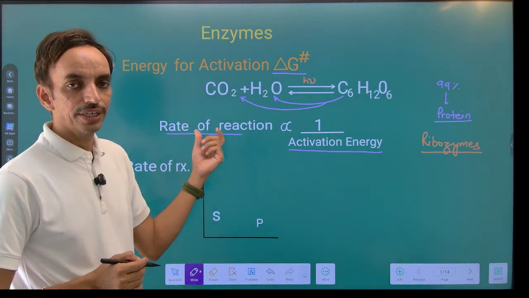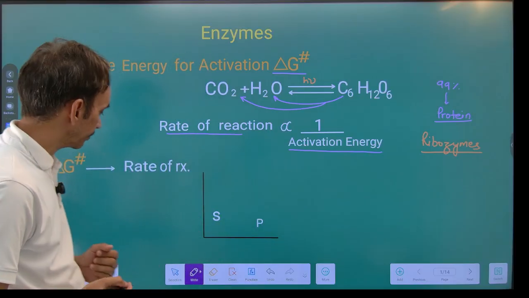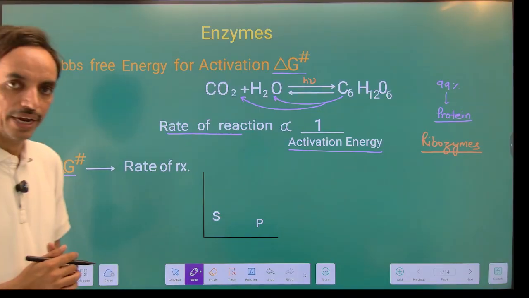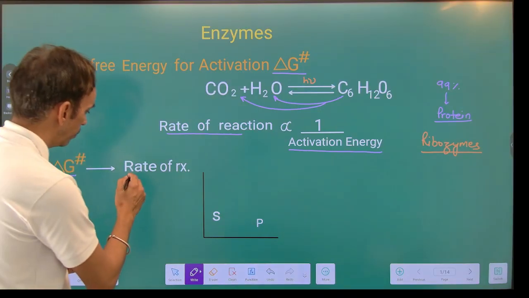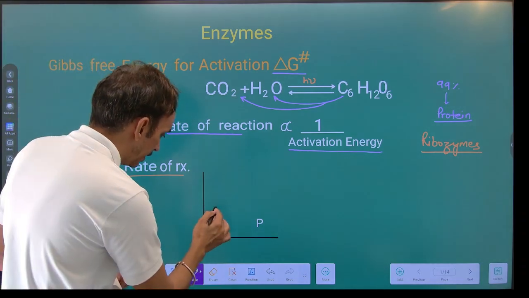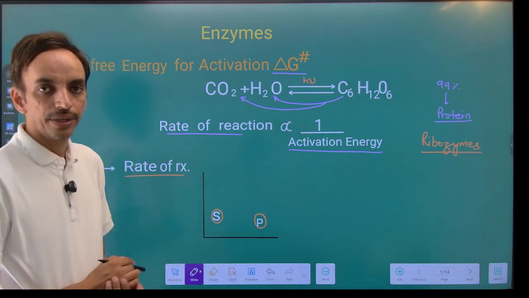So the rate of reaction is inversely proportional to the activation energy. Now this activation energy gives the free energy for activation. It tells us about the rate of reaction. But whether the reaction will occur or not depends upon the concentration of product and substrates.